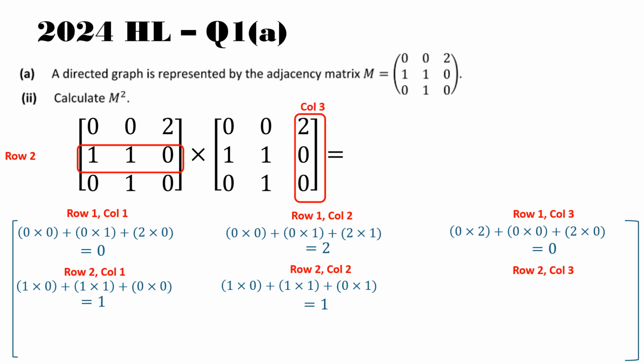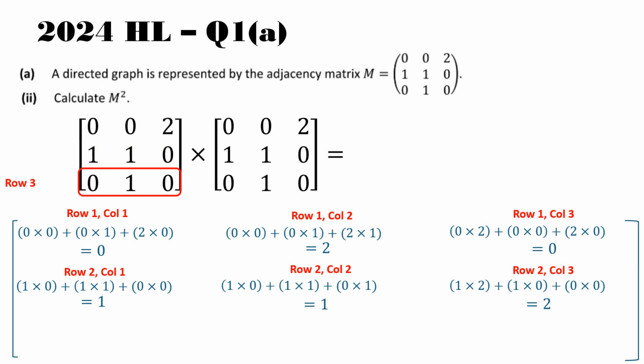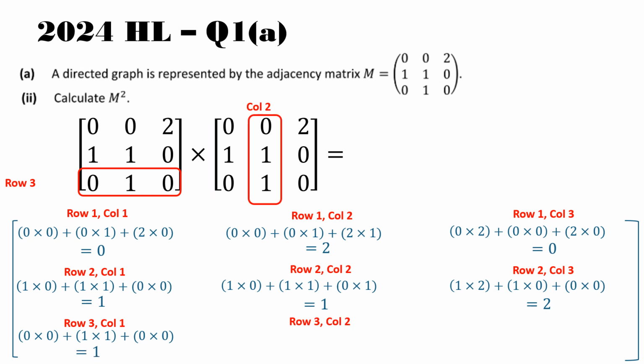And then row 2 by column 3, 1 by 2 plus 1 by 0 plus 0 by 0, which gives us our 2. And then we work with our final row, so row 3 in the first matrix multiplied by column 1. That's going to give me 0 by 0, 1 by 1, and 0 by 0, which gives us an answer of 1. Row 3 by column 2, that's going to give us 0 by 0, 1 by 1, and 0 by 1.